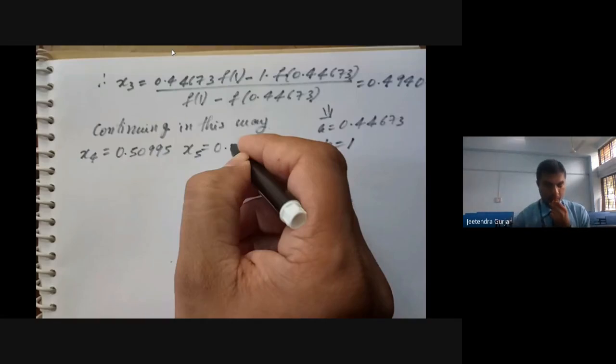To find x4, we require A and B, f of A, f of B. These four terms are enough to simplify x4. So what is this value? 0.49407 is our A for the next approximation, as the root lies between 0.49407 and 1.